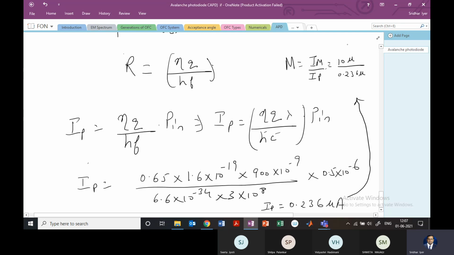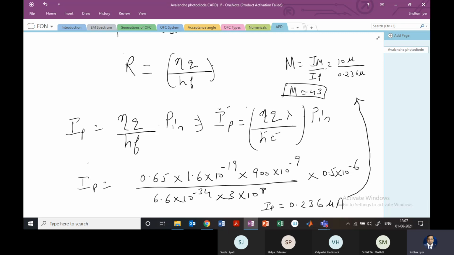I think we get 42 point something. 42.3, sir. Yes. So you always take it as the next higher integer. So M in this case will be 43. That means compared to the same pin diode with the same configuration, this avalanche photodiode will give us 43 times the multiplication.